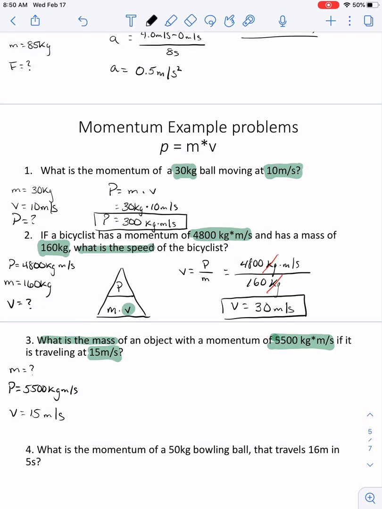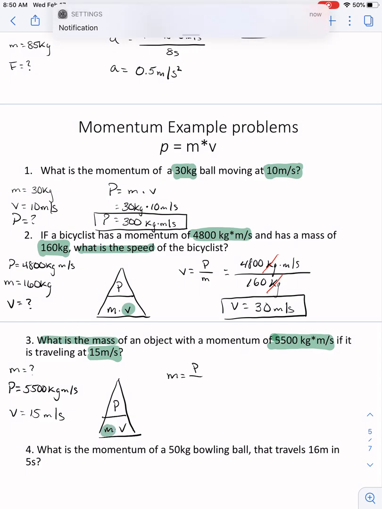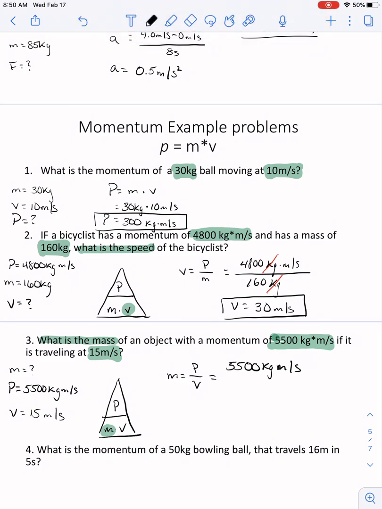So here, again, we're going to have to rearrange that momentum equation. If I'm solving for m, cover m up, that gives me p over v. So I'll plug into my equation 5,500 kilogram meters per second divided by 15 meters per second.